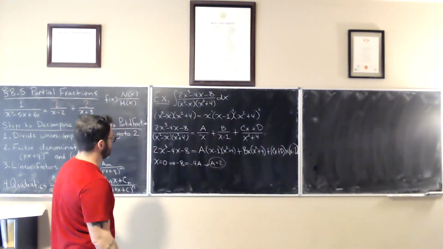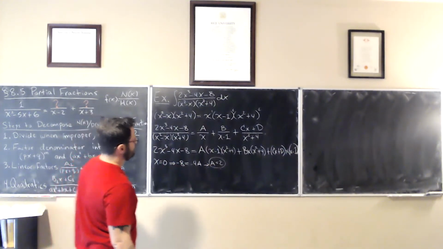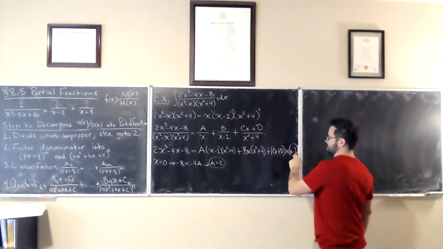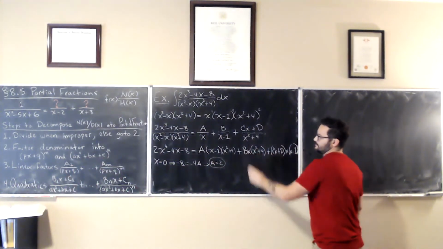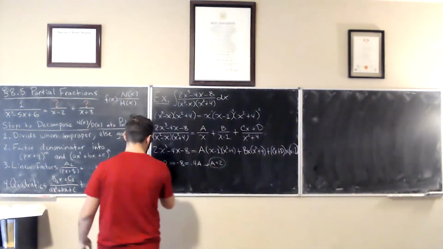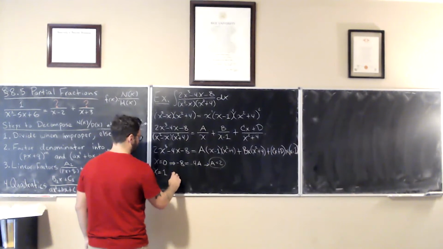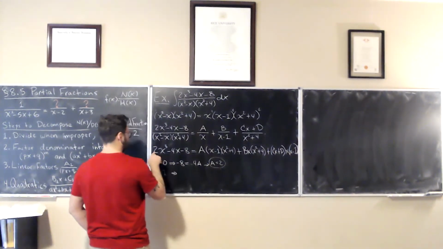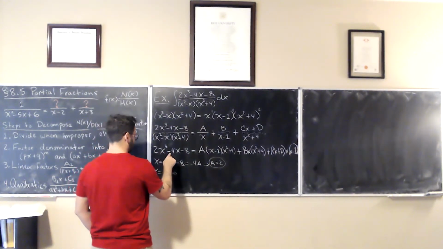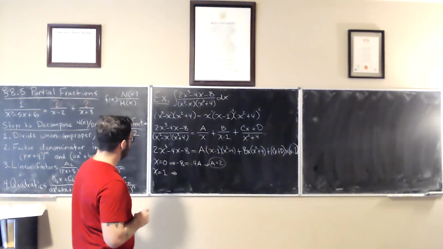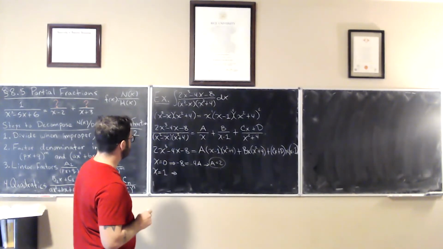Okay, so now what? Well, if x is equal to 1, then that goes to 0, that goes to 0, and we're left with b. So let's try that one. If x is equal to positive 1, we get 2 minus 4, okay, so 2 minus 4 is negative.